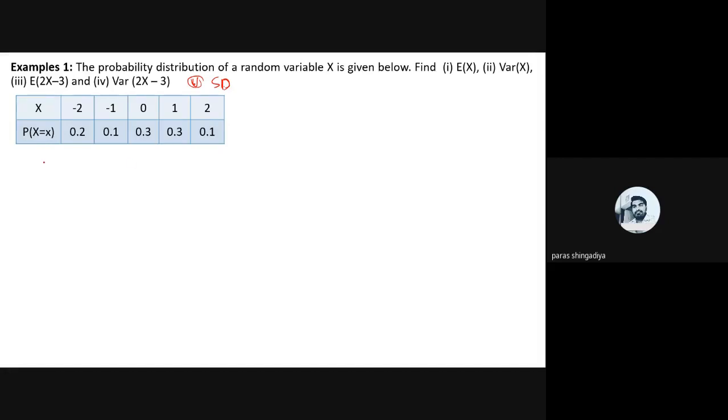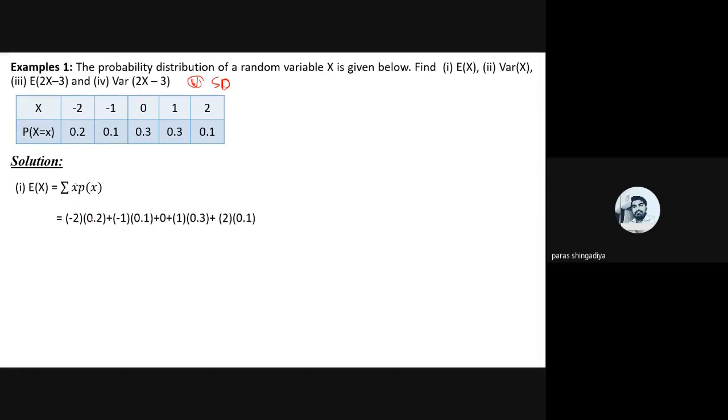Now first we'll check the mean and then the variance. What is the formula of mean? That is sigma x into P of x. This is our mean. So what will be the data of x into P of x? Here it is the product of the random variable with its probability.